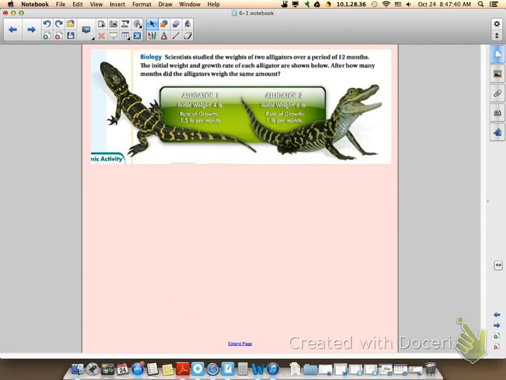So let's look at the information we are given. Alligator 1, initial weight is 4 pounds. The rate of growth is 1.5 pounds per month. Now, what do you need to do first before you write the equation? Define the variables. Very good.